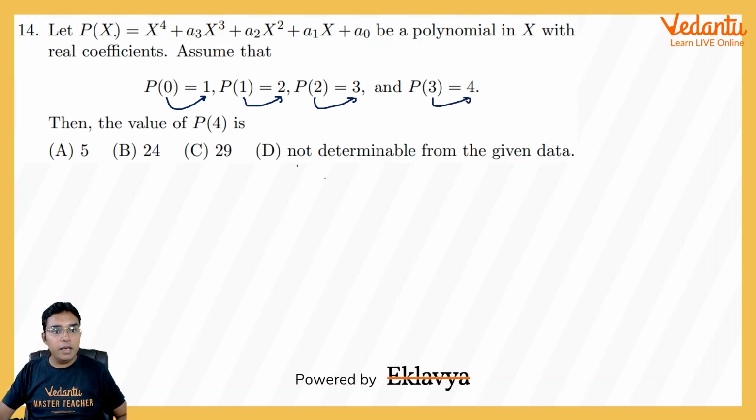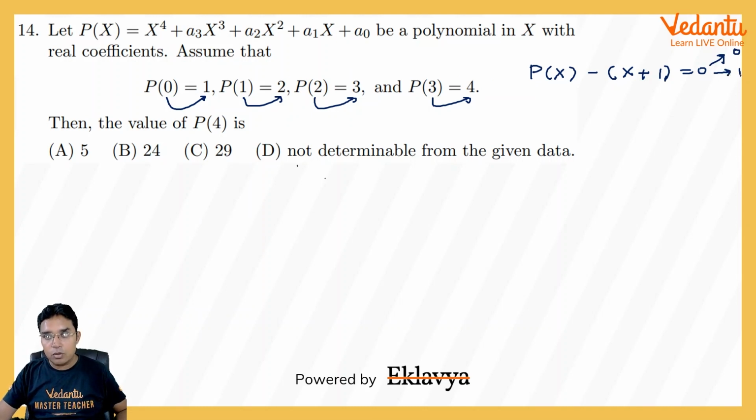And because px is a polynomial, can I say that px minus x plus 1 is equal to 0 is satisfied by x is equal to 0 also. If you put x is equal to 0, you get p0 minus 1 is 0. It is satisfied by 1 also because p1 minus 2 will be 0. It is satisfied by 2 also because p2 minus 3 is also 0. It is satisfied by 3 also.